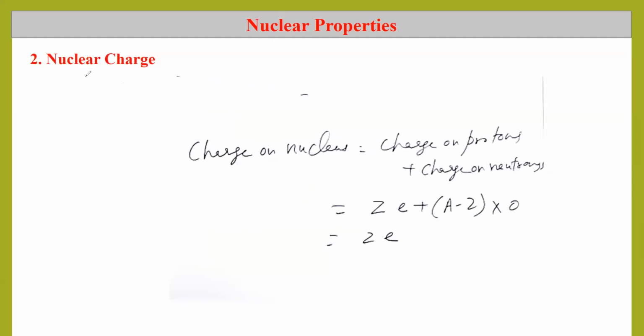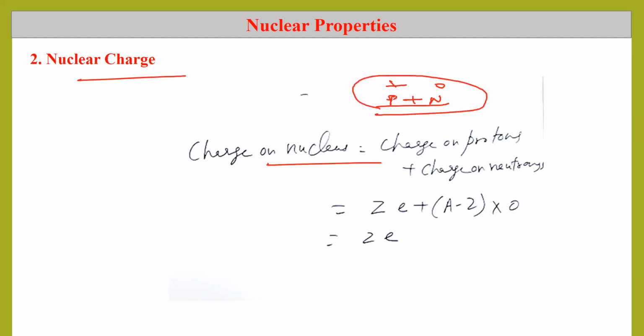Now let's start nuclear charge. What is nuclear charge? What charge will be on the nucleus? We know that the nucleus is made up of protons plus neutrons. Proton has positive charge, neutron has neutral charge, non-charge. Neutral means no charge. So overall the charge of the nucleus will depend on the charge of the proton.